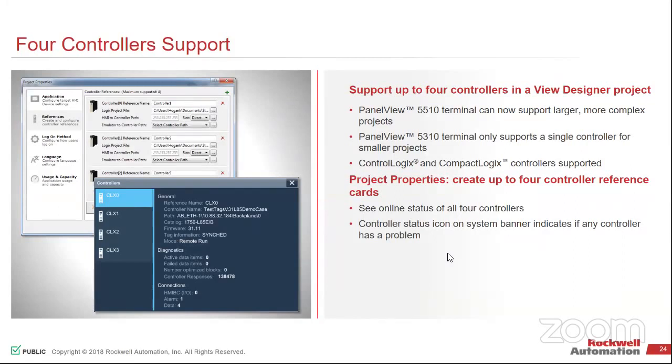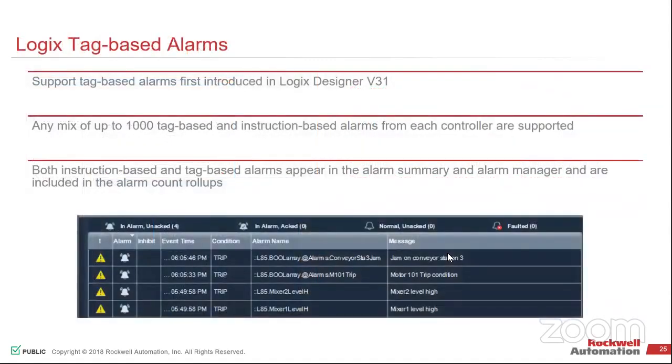The 5510 supports up to 4 controllers. Also, we can do a combination of both internal and controller tags and external tags for the alarms, up to 1,000 per controller.